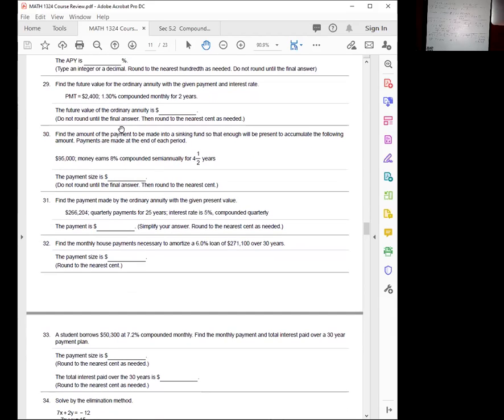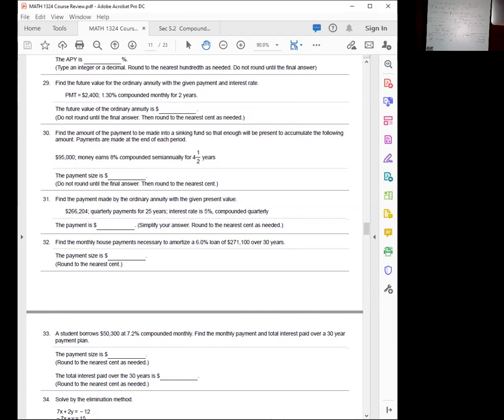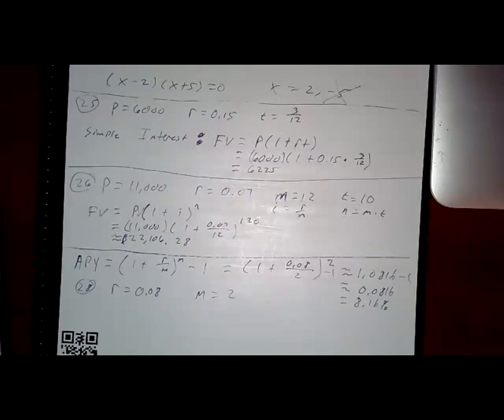Okay, 28, 29. For 29, we'll be using the annuity formulas with a payment. We're going to use future value that uses payment. So we've got to find that formula. Go get that PDF. I believe that's 5.3.